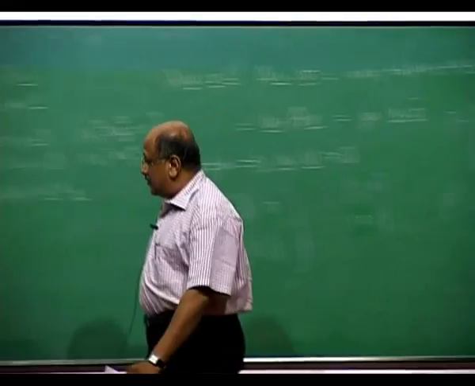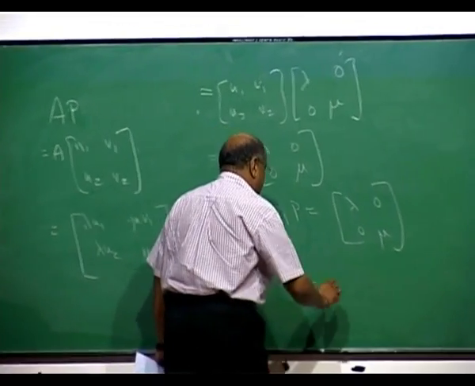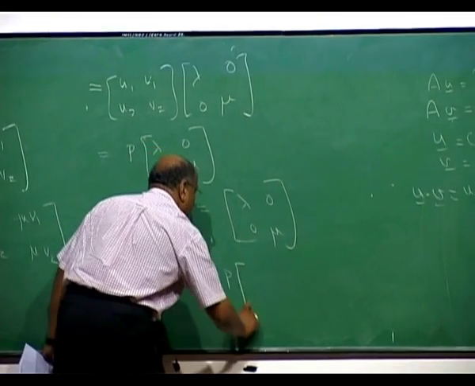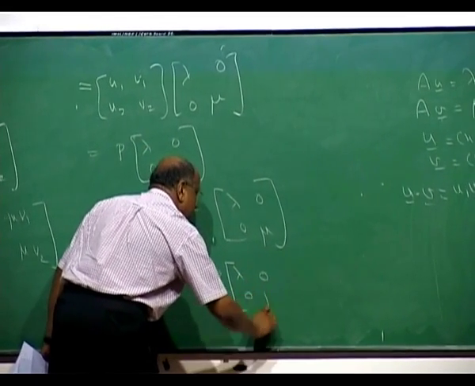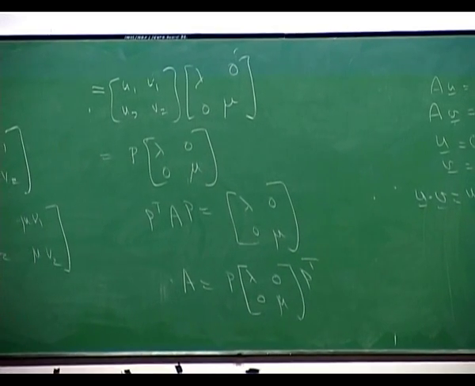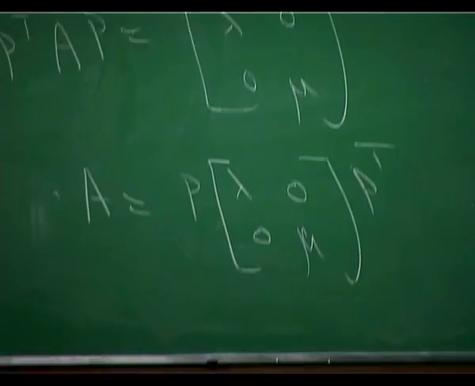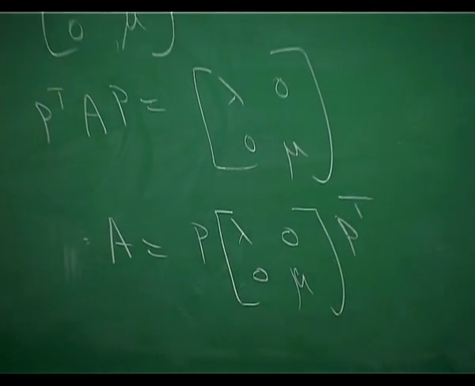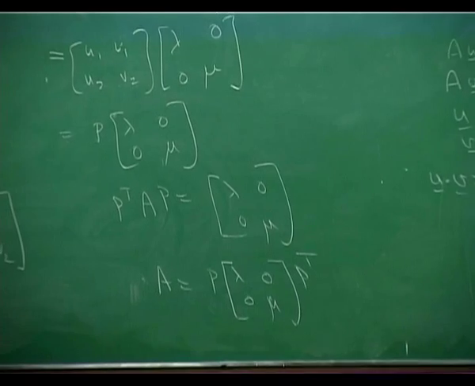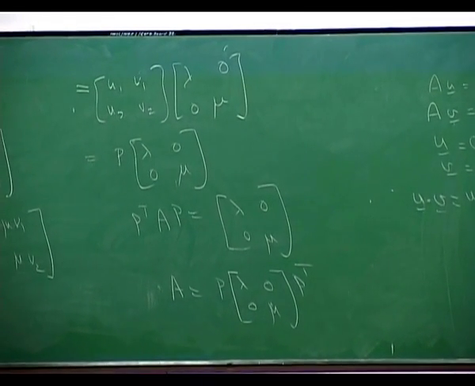They are inverses of each other, and therefore I can write A in this form. Very good. So we will remember all this and now go to second degree equations.